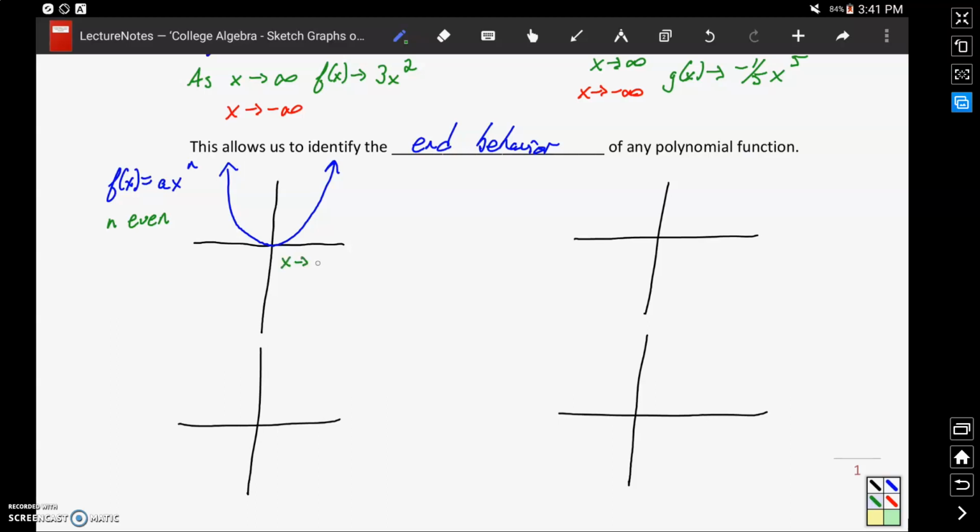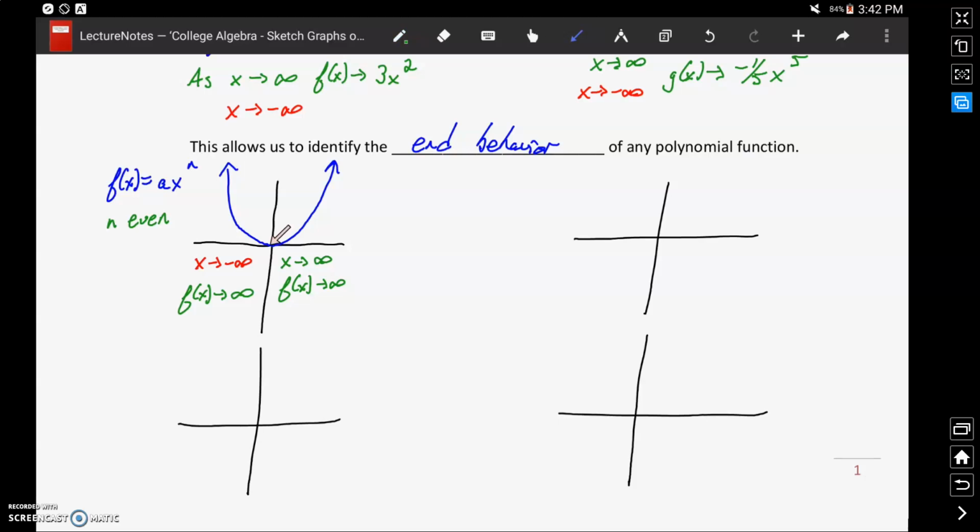And a function like this will always have the behavior that as x approaches infinity, the function itself is also approaching infinity. So as our values for x get larger and larger and larger, so does our function value. As x approaches negative infinity, our function value is still approaching positive infinity.